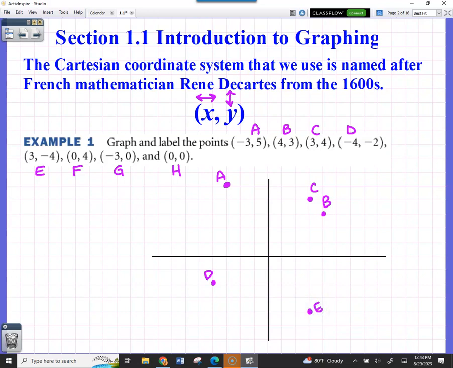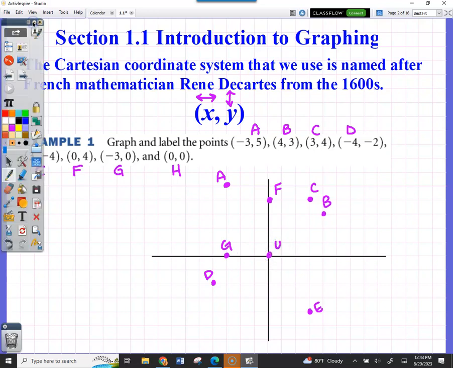I'm trying to go quick, so if I messed it up, be nice. Oh, messed the letter up. All right. Does it match yours? Okay.